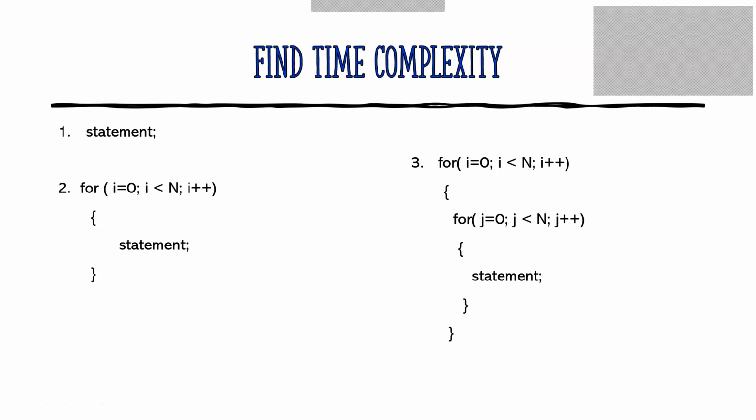For showing the general rule, I want to know from you whether you are getting it or not. So any guess what will be the time complexity for this particular statement? 1 minute. Very good. Others?